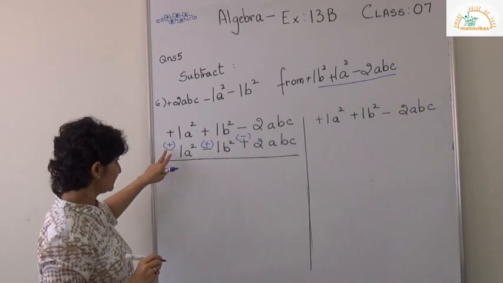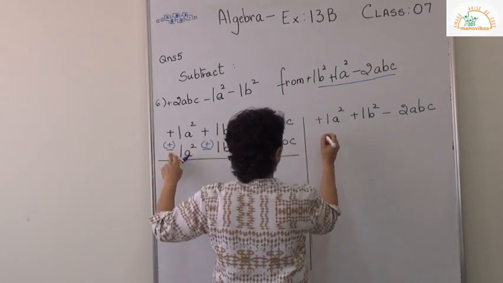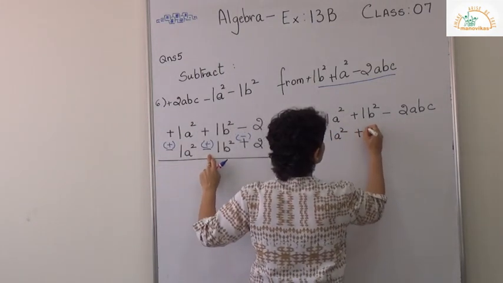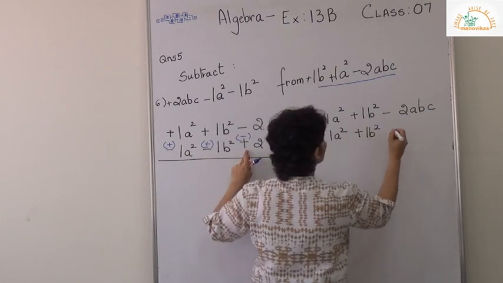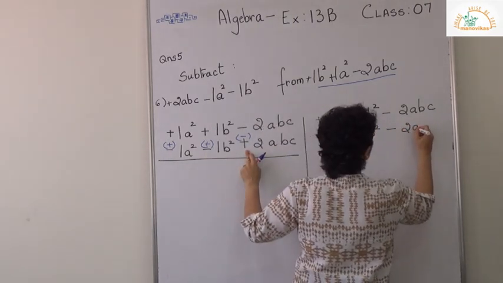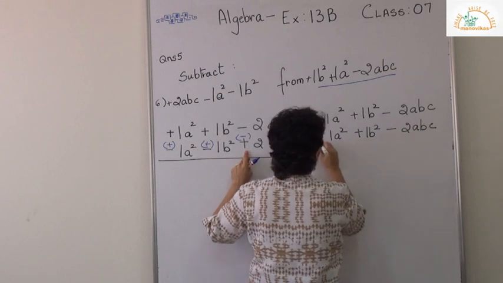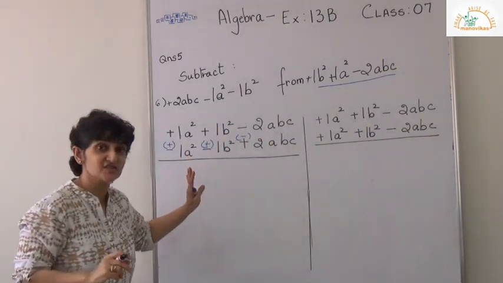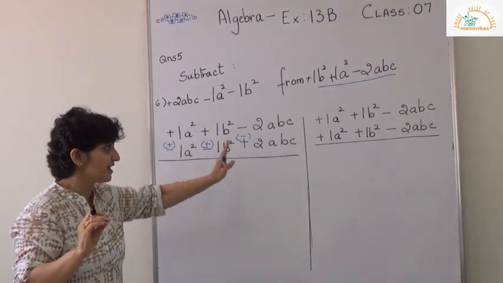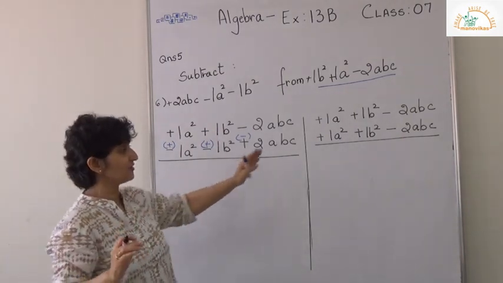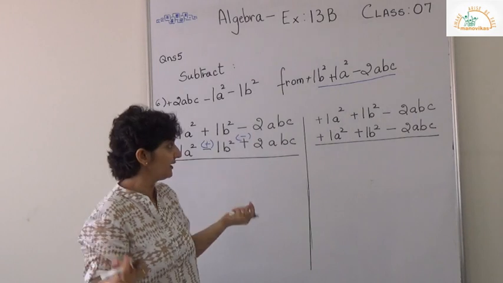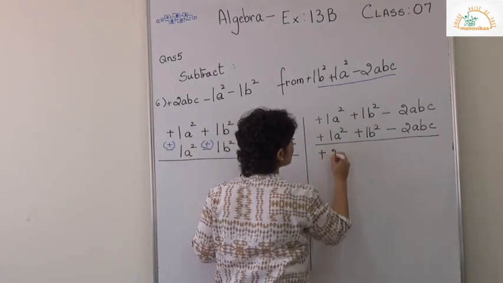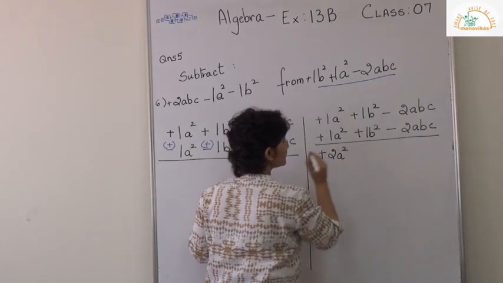Correct? Then let's move on. Here, plus 1A squared plus 1B squared minus 2ABC. Now, once you have changed the signs in subtraction, we change the signs of the lower number. After that, you do the way you do your integers. Same sign, so this becomes plus 2A squared.